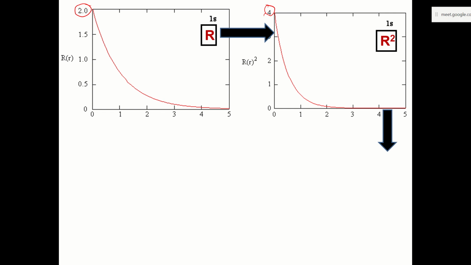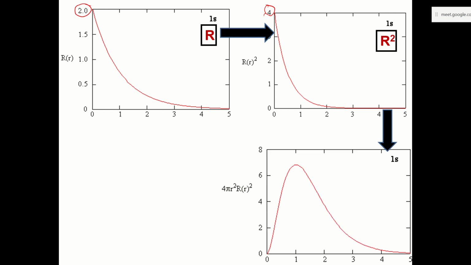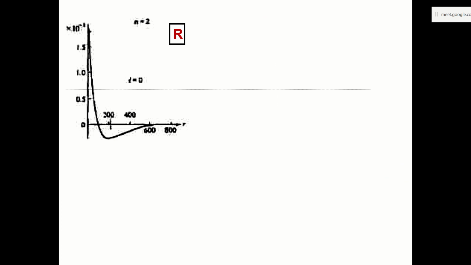स्क्वायर किया तो अब इसके बाद मल्टीप्लाई करेंगे 4 पाई आर स्क्वायर dr से। 4 पाई आर स्क्वायर dr से मल्टीप्लाई किया तो ऐसा आ गया, which has a maximum. So now this is your 2s orbital.